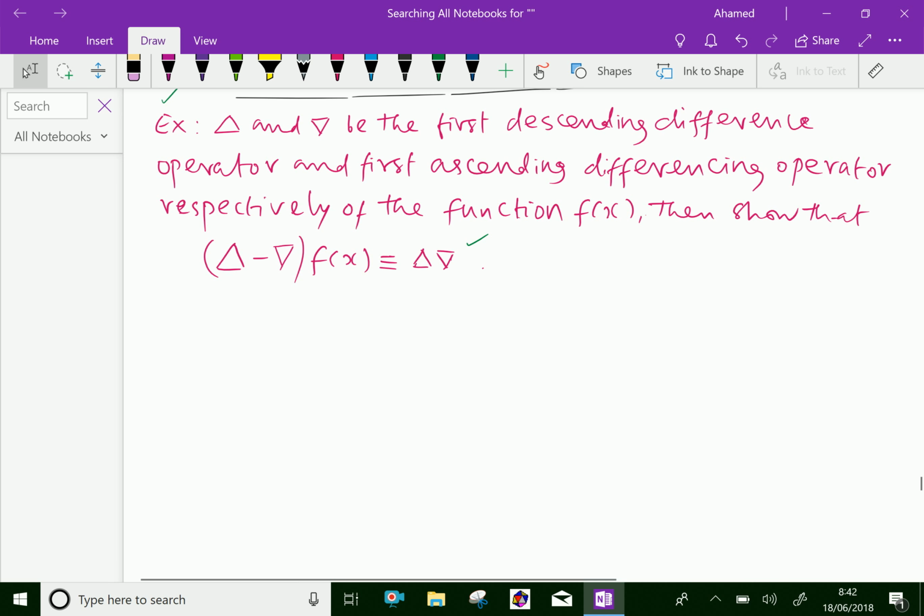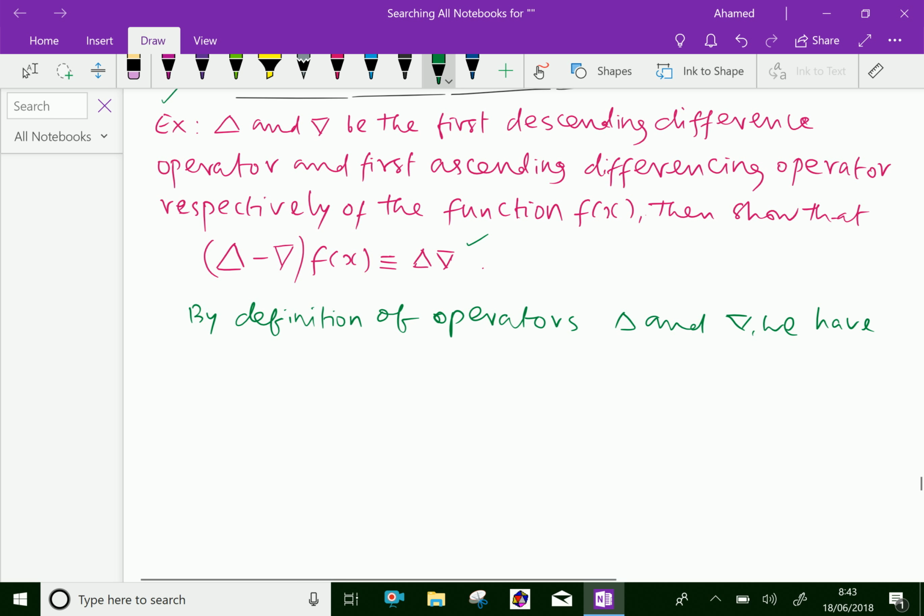By definition of operators delta and inverted delta, we have delta into f of x equal, we know that by definition it is f of x plus h minus f of x.